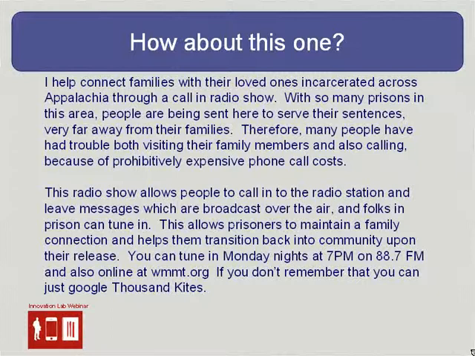So I tried to humanize that story and think about how I can relate to this person, and think that family values and togetherness are something that a lot of people really focus on. So I thought, okay, what if I talk about the connections between prisoners and their loved ones and how they're being separated, and how our radio show focuses on family values and bringing them together.